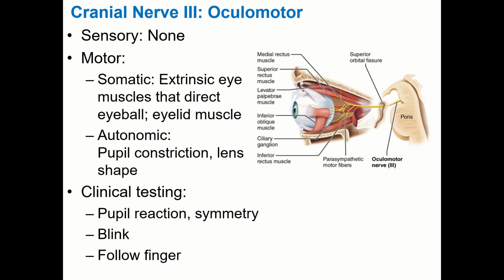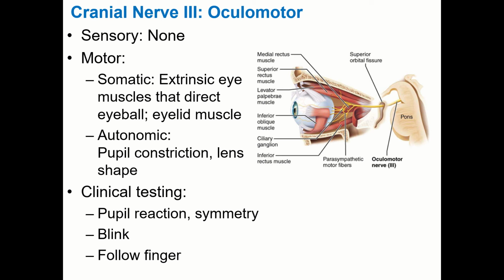So in terms of clinical testing for this one, the first one there is pupil reaction. The way that you would test that is you use a pen light, and you put your hand over their face, kind of like the visor on a baseball cap. So you shield their eyes from a lot of the external light, and then you take your pen light, and you go from the side in front of their eyeball, and you make sure that their pupil constricts.